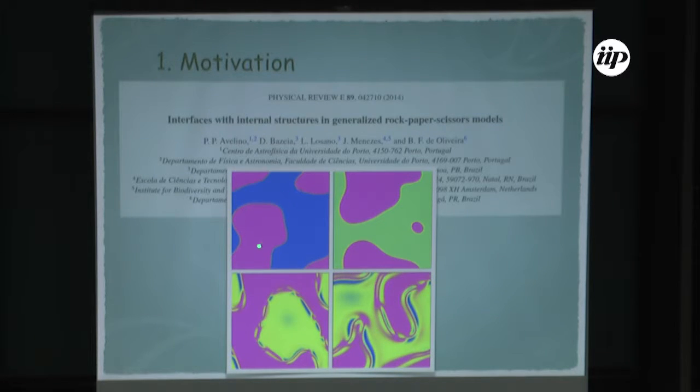And this snapshot here is for 3 species, 4 species, 5 species, and 7 species. When you increase the number of people playing around, the interface gets some internal structure. So there is a dynamic inside the interface.